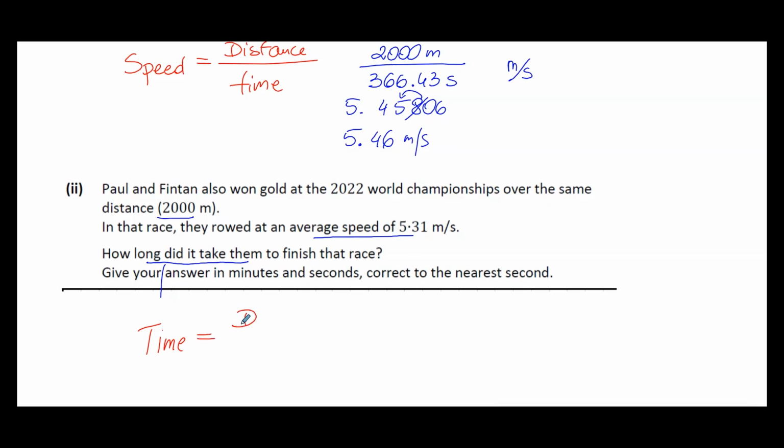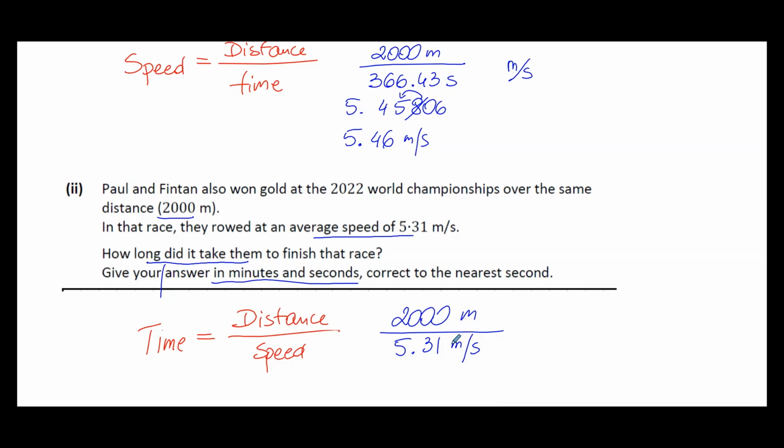So that means we're going to be dividing distance by speed. Now, how do we have to give our answer? In minutes and seconds. So we have to mind that. Okay, so the distance is what? 2,000 meters. And the speed is 5.31 meters per second.